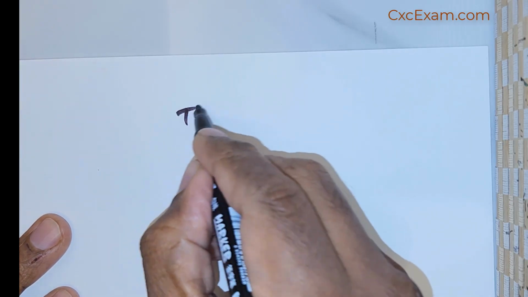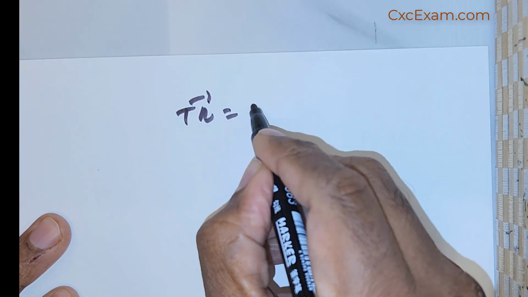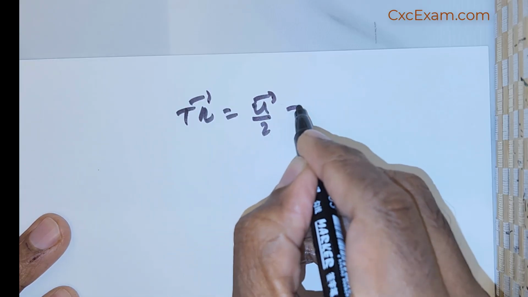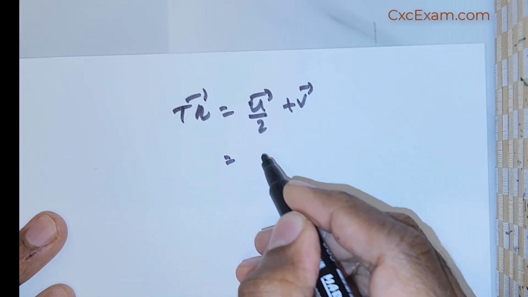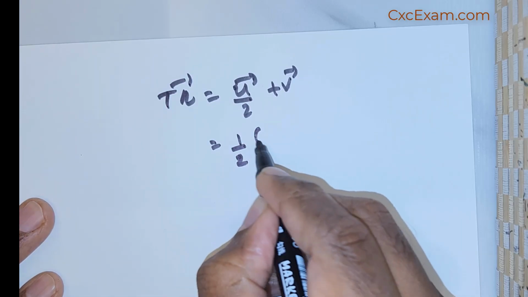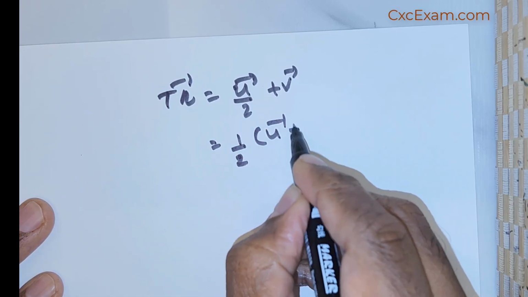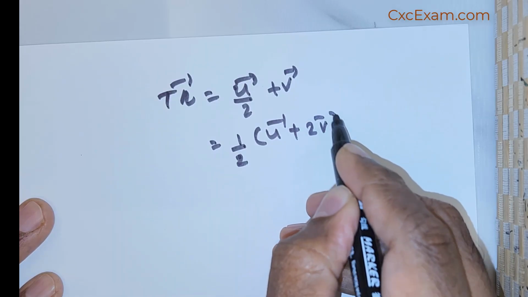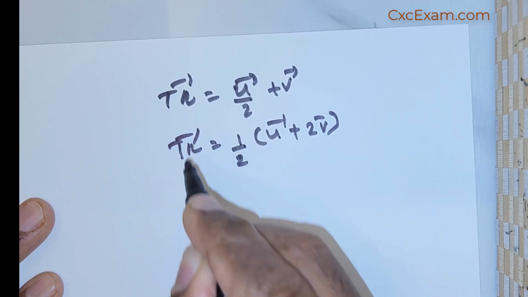So what we have got here is TR vector is U vector over 2 positive V vector. If I take 1 over 2 out, this gives U vector positive 2 times V vector. This is my TR vector.